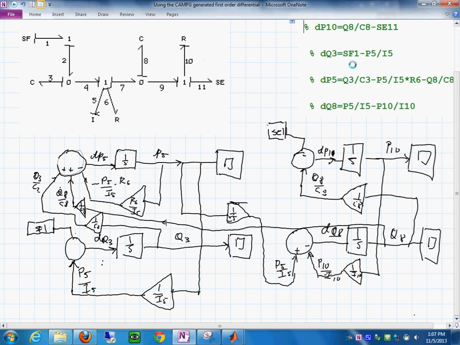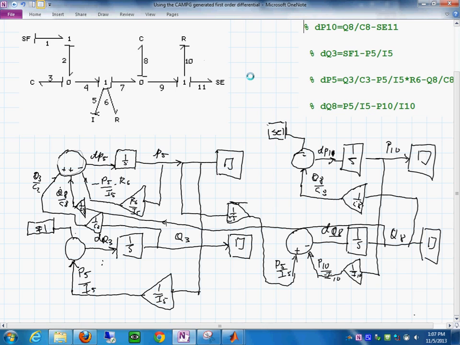I have used these equations to build my block diagram. You could build this sequentially, one after the other in the vertical way, or you could do it in a horizontal way, depending on how you want to lay them on paper, and finding a way that is less confusing for you.